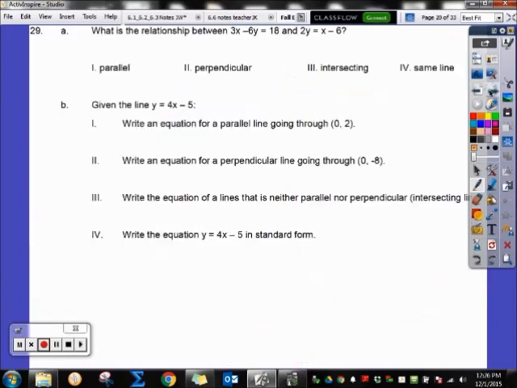Okay, 29. What is the relationship between 3x minus 6y equals 18 and 2y equals x minus 6? Well, for us to know this, we need to put them in the same form. The easiest form is slope-intercept. So we need to get the y on the side by itself.